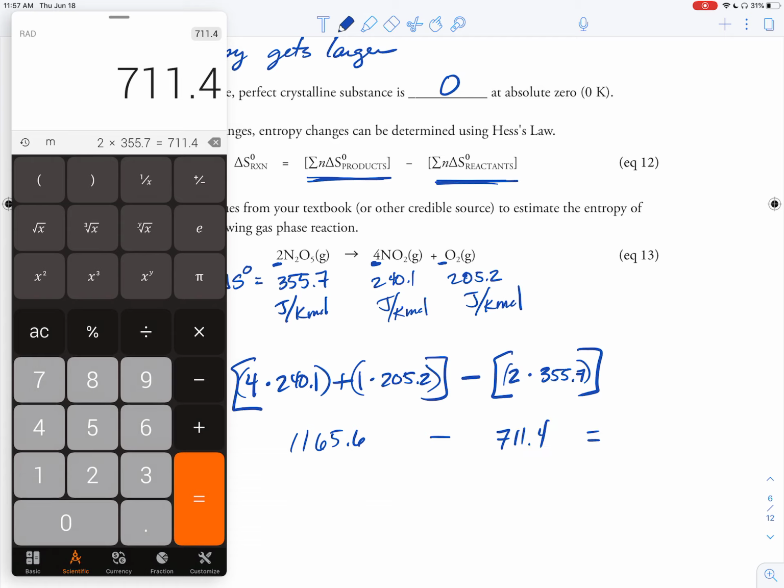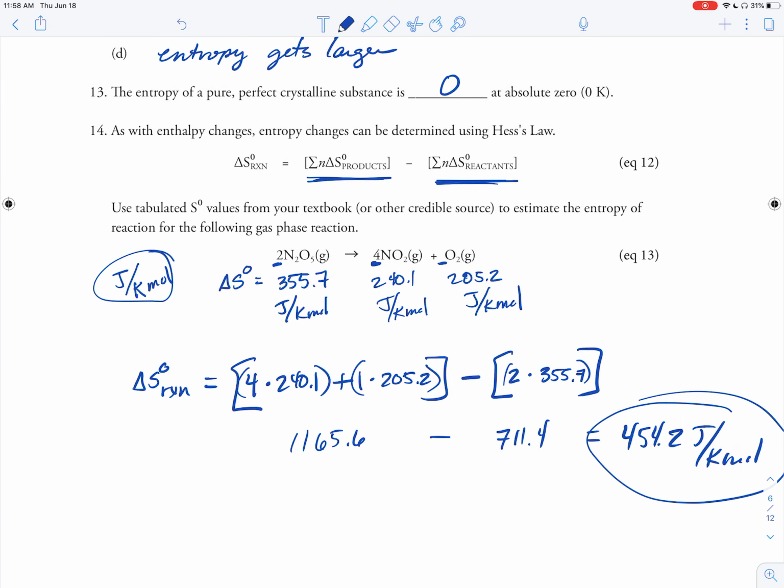Sorry about the plane, it's a little loud. So let's figure that out. Here we go: 454.2 joules per Kelvin mole. So this is how you would go about using other thermodynamic values to figure something out about a reaction.